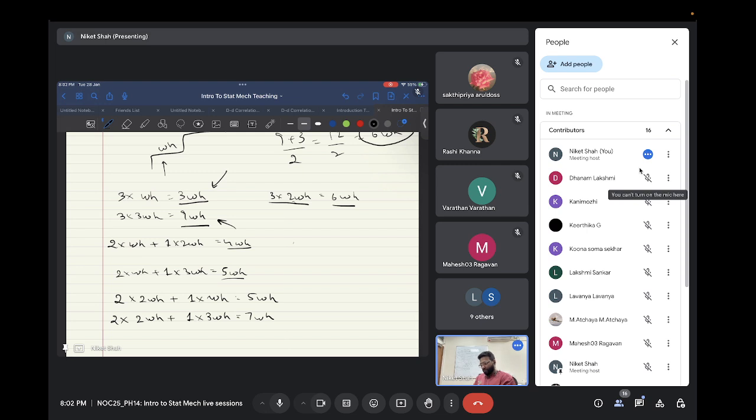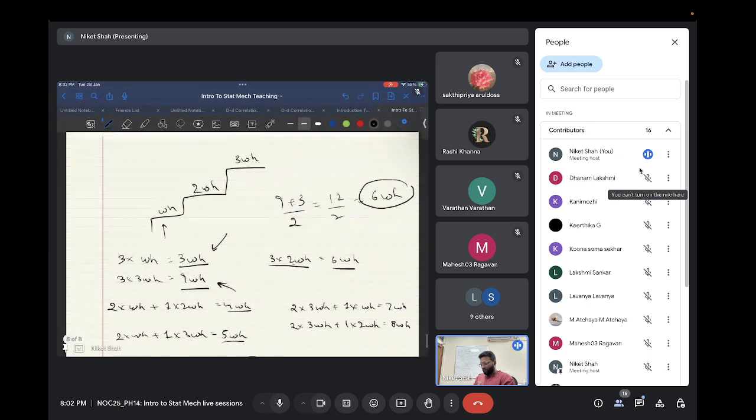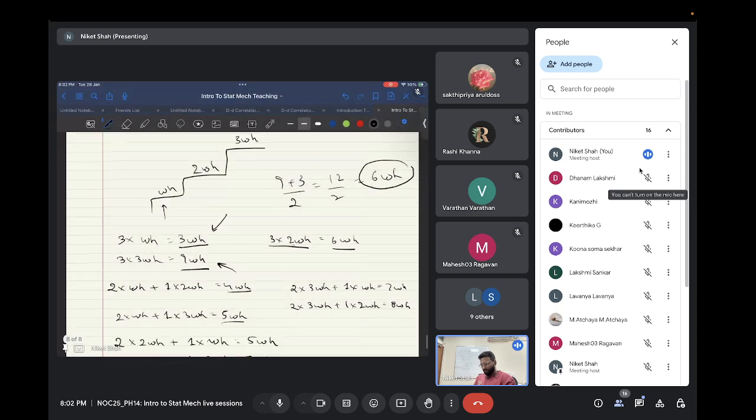Now 2 in step 3 plus 1 in step 1, 7WH. 2 in step 3 plus 1 in step 2: 6 plus 2, 8WH.